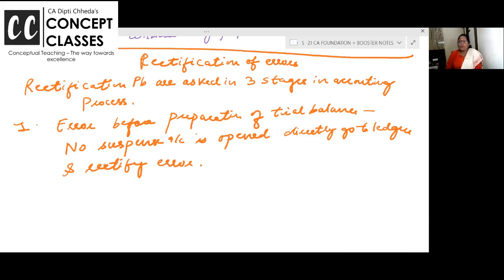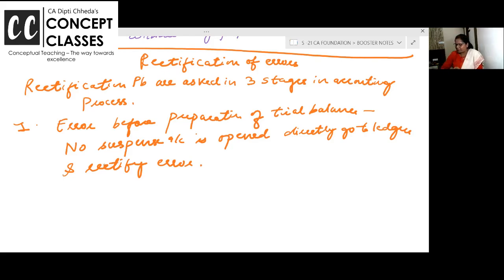All clear to all of you? The trial balance is not yet prepared, but you got to know that furniture is purchased for 80 rupees and cash has gone 80, but by mistake in furniture you have written only 8. So go and write in the furniture account 72 more. Keep patience, do a lot of analysis.